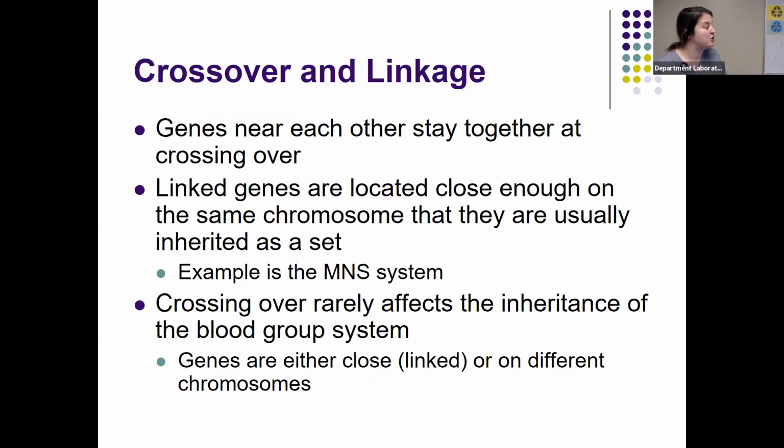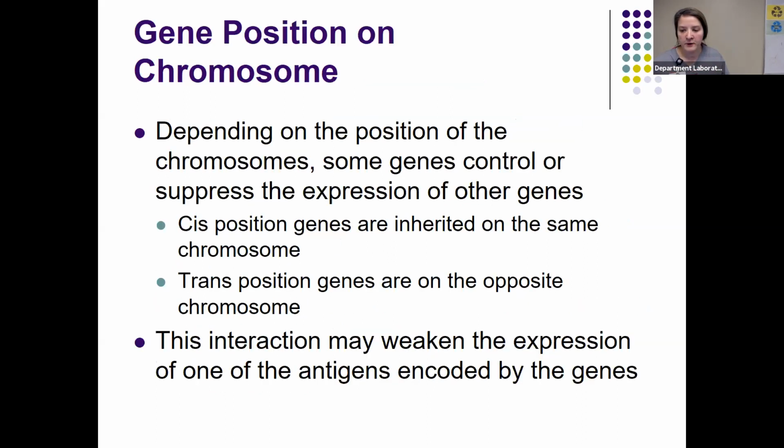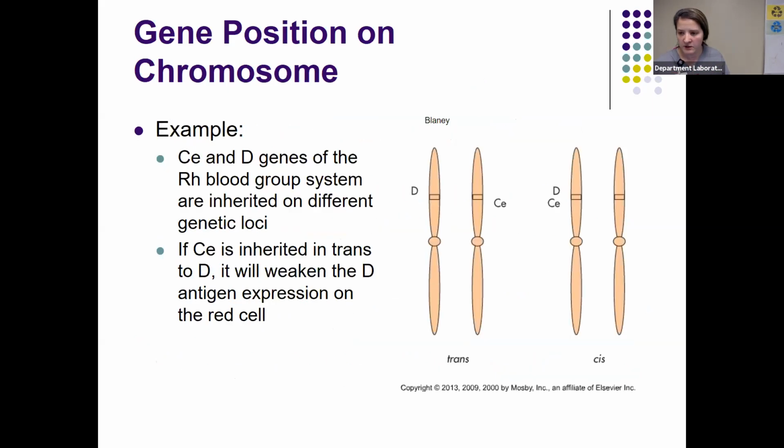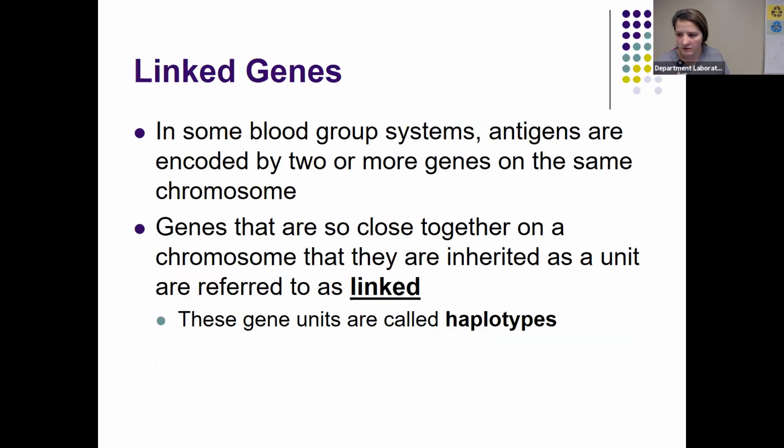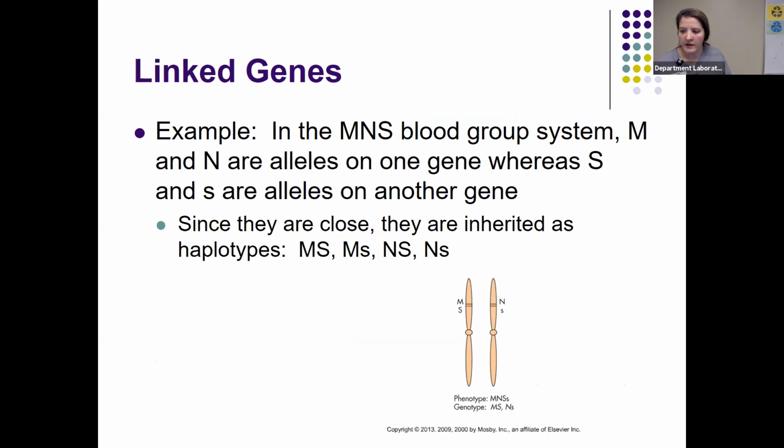And like I mentioned, those genes are so close together that it's not a big deal in ABO, because the ABO antigens are so close together, they will always be inherited the same. The same is true for your M, N, and S. Here's an example.